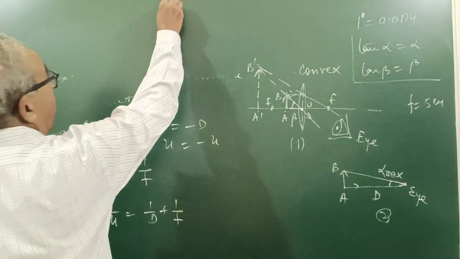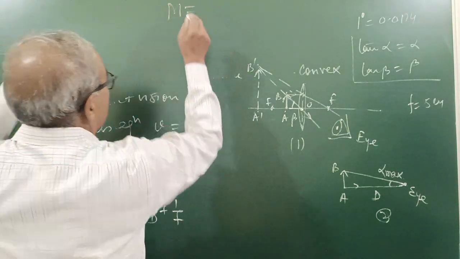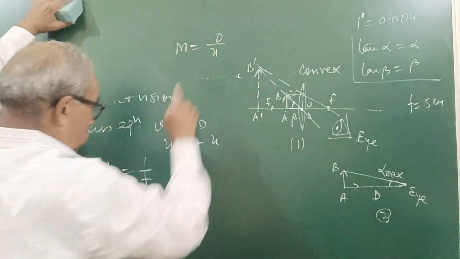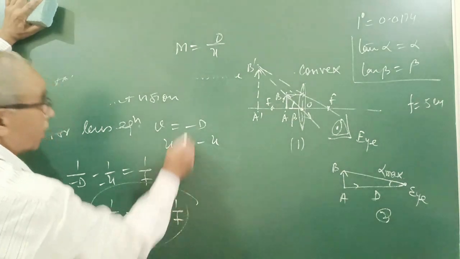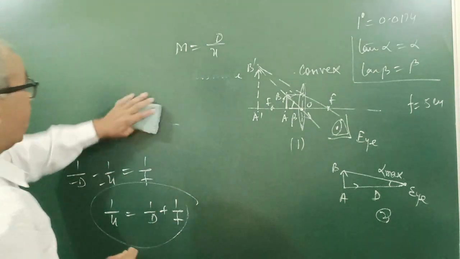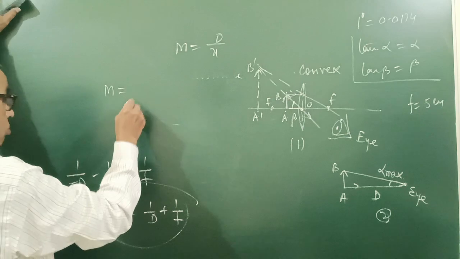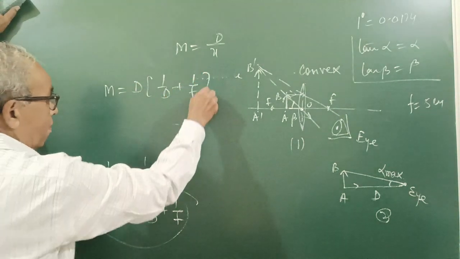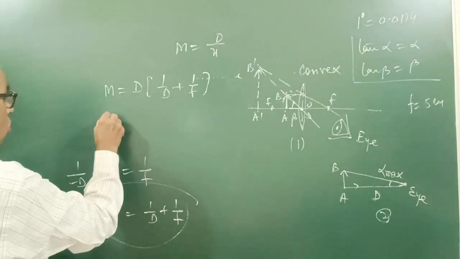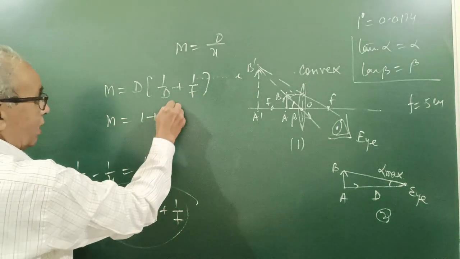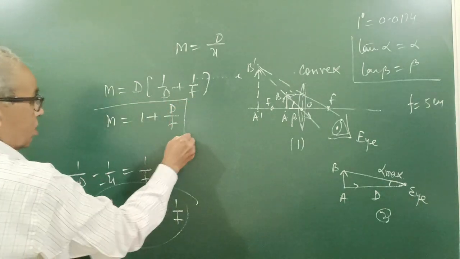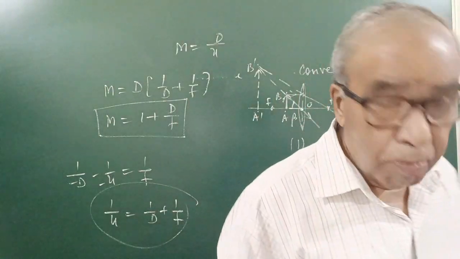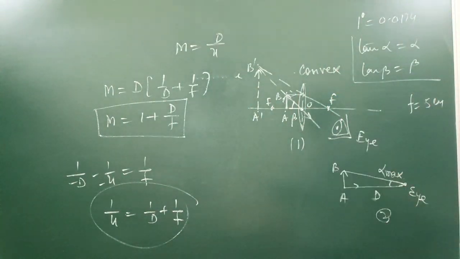In equation 1 we have M is equal to D upon U. Putting this value of 1 upon U here, what will we get? M is equal to D into 1 upon D plus 1 upon F, or M is equal to 1 plus D by F. This will be the maximum angular magnification produced by a simple microscope.